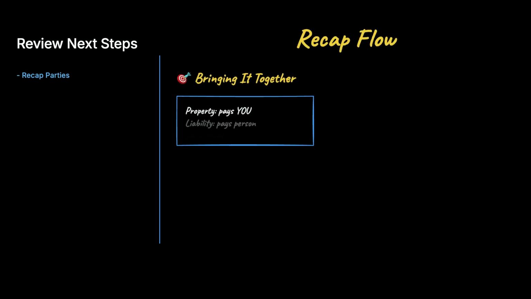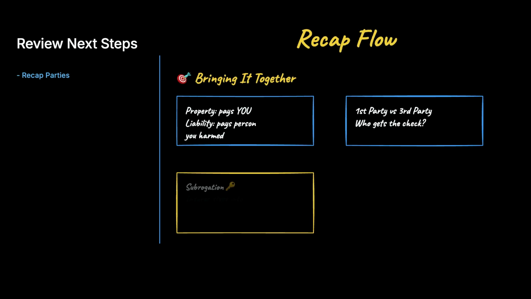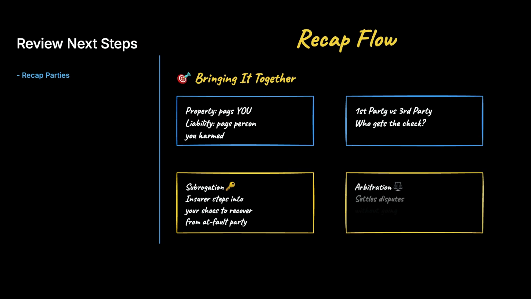Let's bring it all together. We separated first party from third party, and you learned property insurance pays the insured, while liability insurance pays the person you've harmed. From there, subrogation lets the insurer step into your shoes to recover from the at-fault party, and arbitration settles disputes without a courtroom.